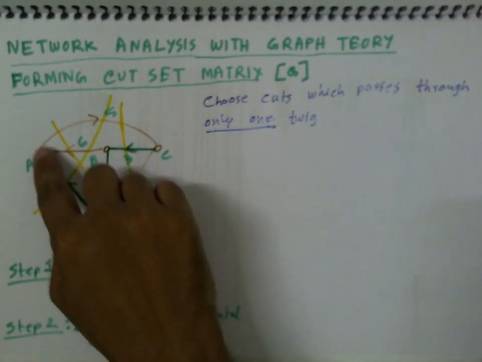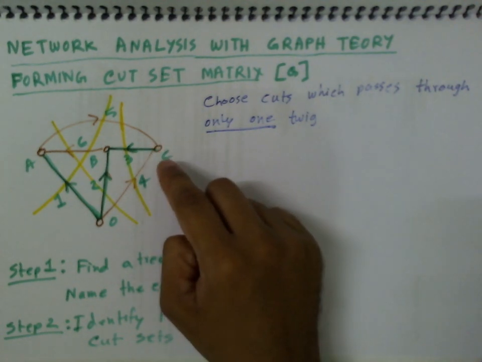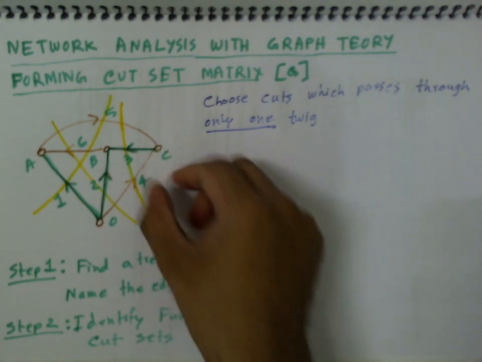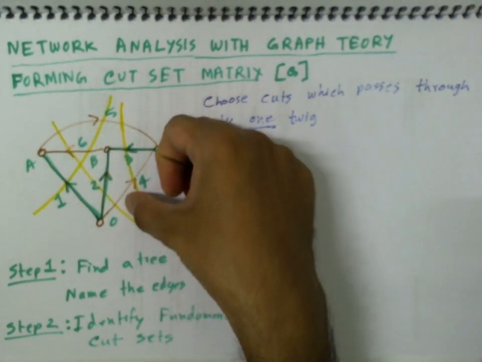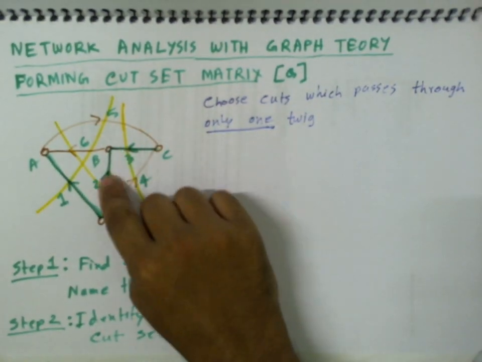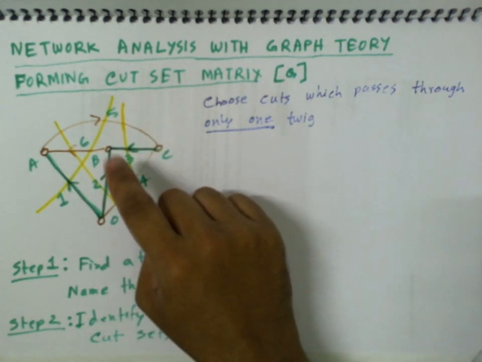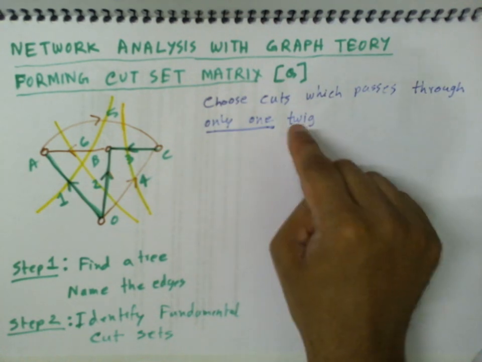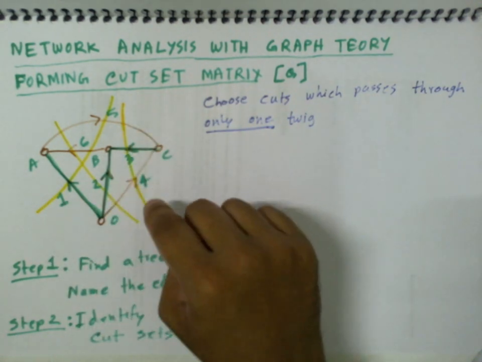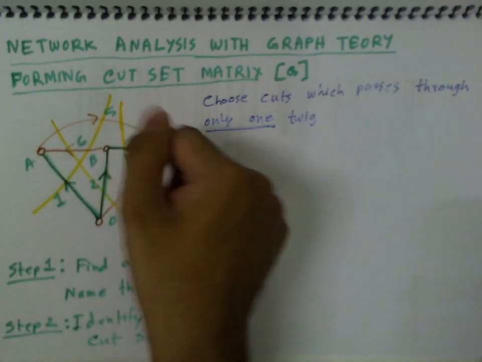So here we have 1, 2 and 3 twigs. That means we can have 3 different cuts, one through this twig, one through this twig, another through this twig. So we can have 3 different cuts which pass through only one twig, and these cuts we call fundamental cuts.